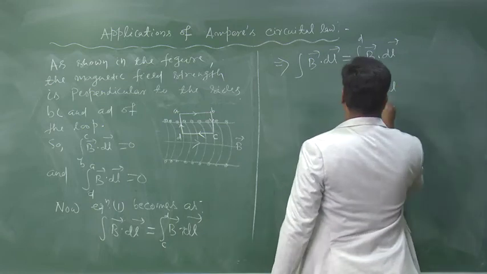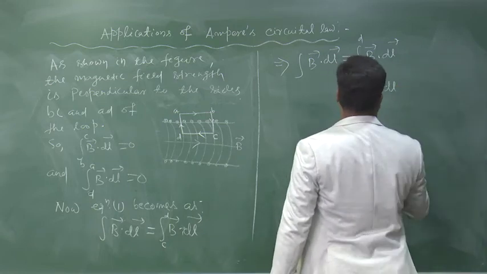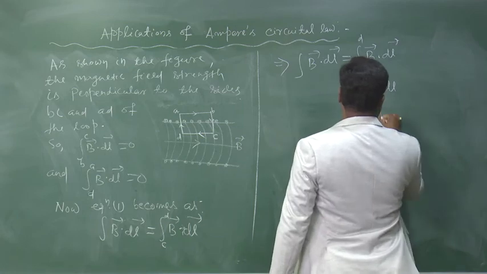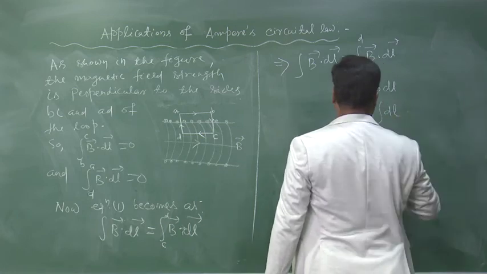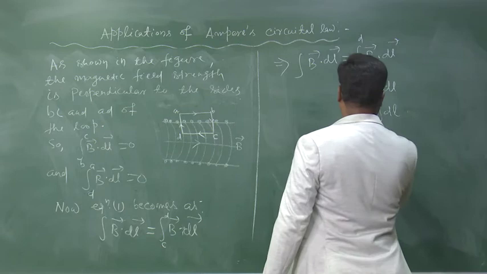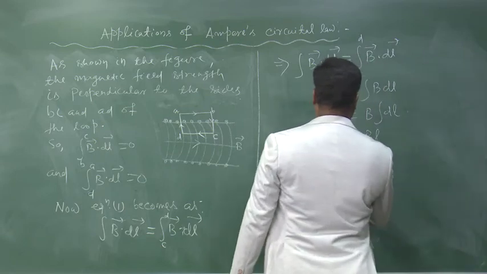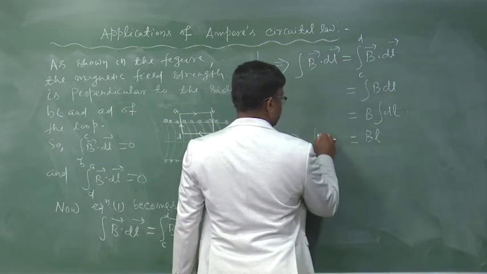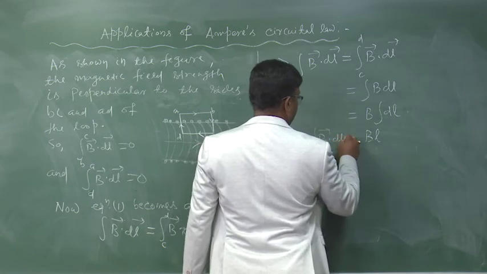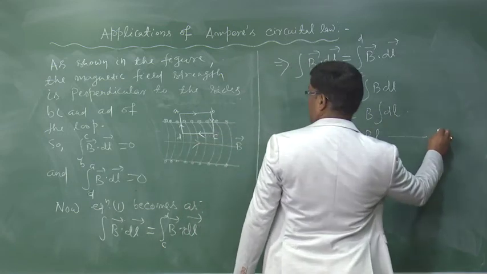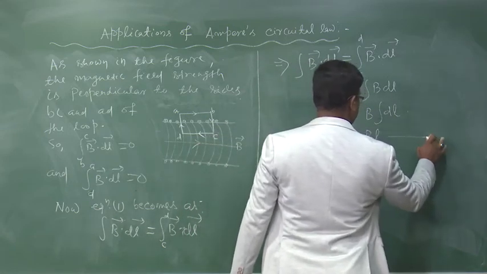So, it will be integration of B dl, which is equal to B times integration of dl, and this can be written as BL. So, integration B vector dot dl vector equals BL.